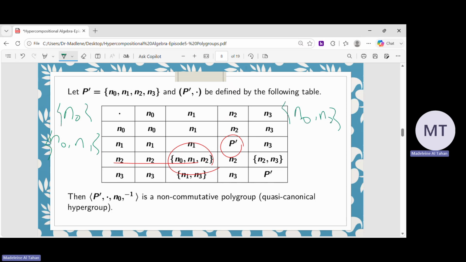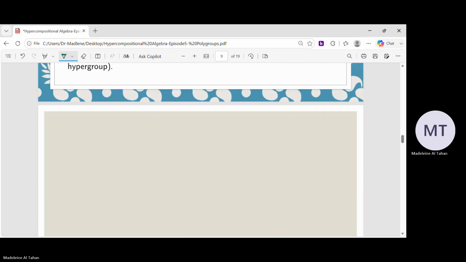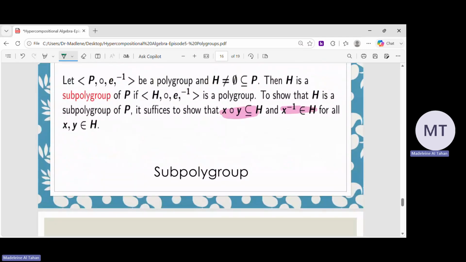It is a subpolygroup, but N0 with N3, it's not a subpolygroup because N3 with N3 gives us P prime. And the subhyperstructures are very important in understanding the structure itself.